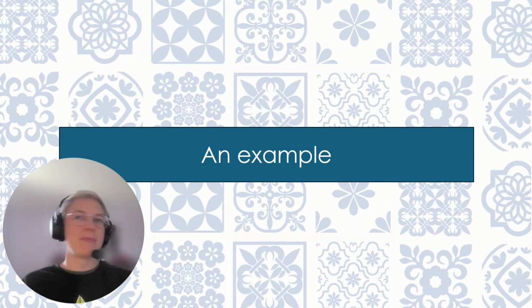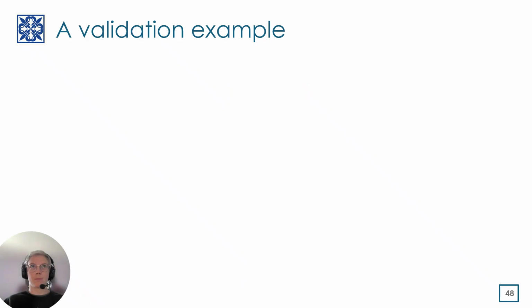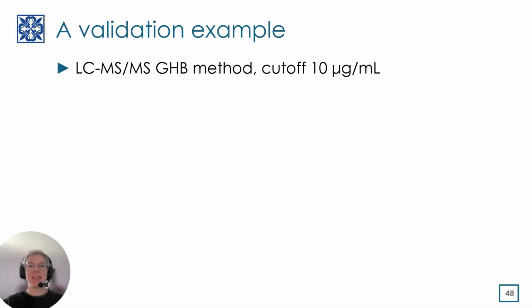Okay, let's do a quick example here, just to illustrate how this would work in a real validation setting. All right, so let's say I have a qualitative LC-MS/MS method for GHB with a 10 microgram per milliliter threshold.